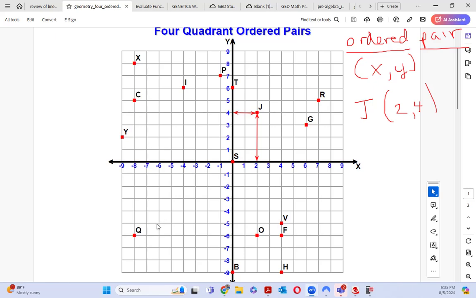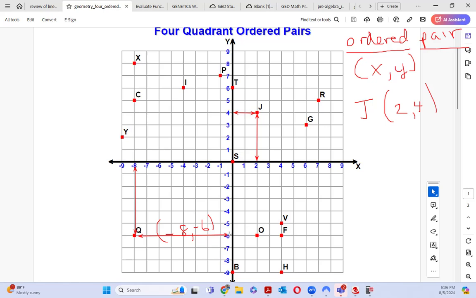Negative 8? No, negative 6. Again, it's not difficult, but this is one of the most missed questions on the GED. Go to your X first, negative 8, then go to your Y, negative 6.